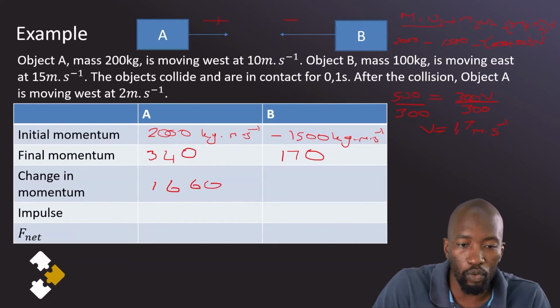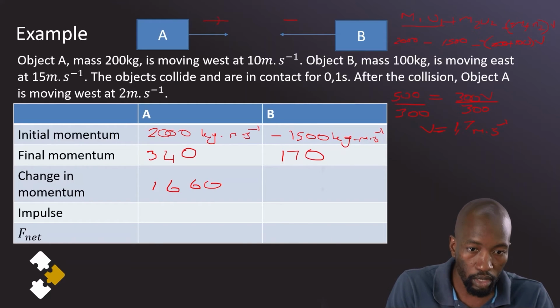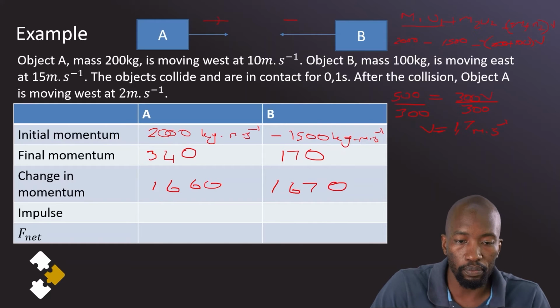Let's do the same for object B: 170 minus a negative 1,500, and that is just going to be 1,670.